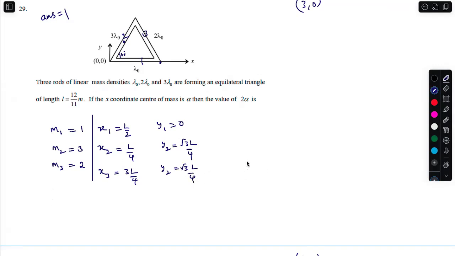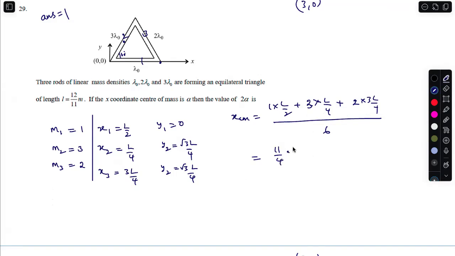Right, done. What do you want? The x coordinate of the center of mass. X_CM is equal to 1 into L by 2 plus 3 into L by 4 plus 2 into 3L by 4, divided by 6. Remember, 2L by 4, 3L by 4, 5L by 4, 6L by 4, 11L by 4.